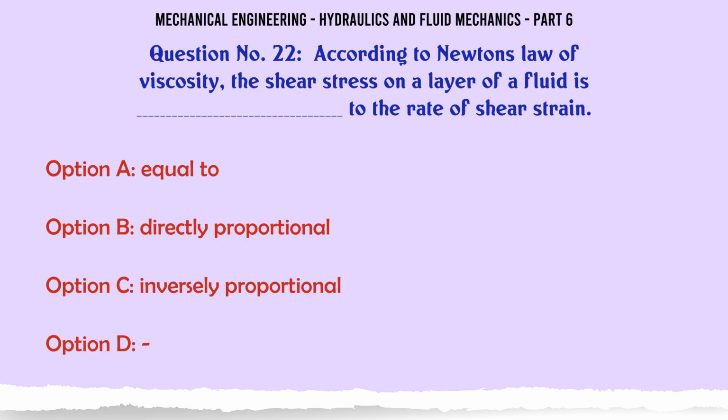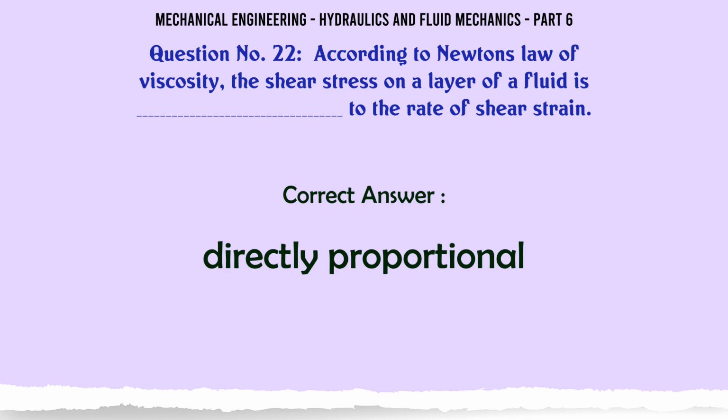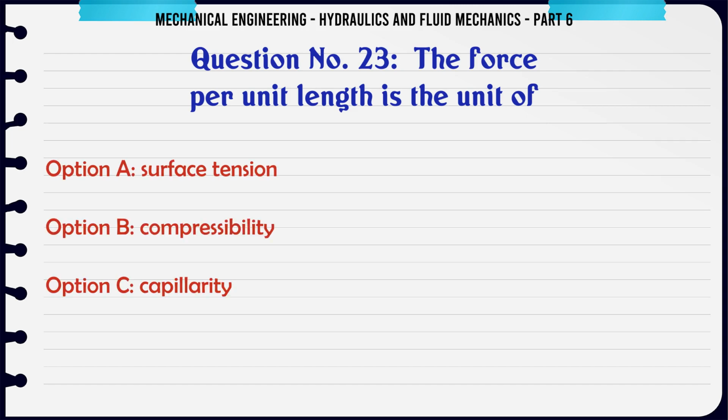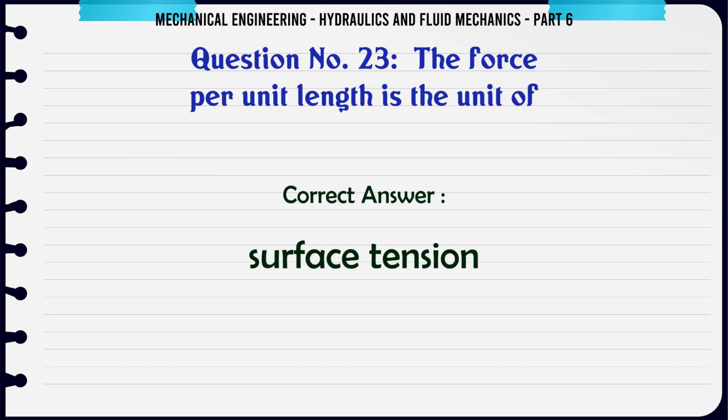A. Equal to, B. Directly proportional, C. Inversely proportional, D. The correct answer is directly proportional. The force per unit length is the unit of A. Surface tension, B. Compressibility, C. Capillarity, D. Viscosity. The correct answer is surface tension.